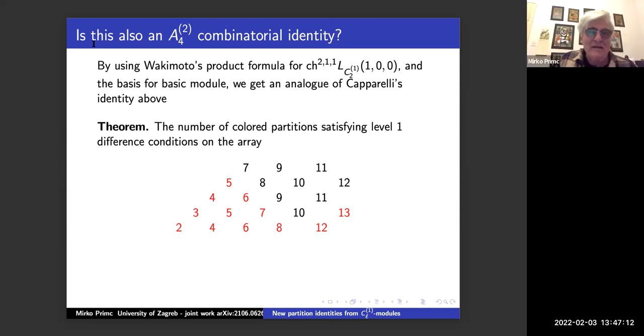So, by using Wakimoto's product formula for specialization 2-1-1 of the basic module for symplectic C_2^(1), and the construction that we have with Tomoyuki, we get the identity. So we have to specialize the array. So the number of colored partitions satisfying level 1 difference condition on this array. Here the initial conditions are already taken care of.